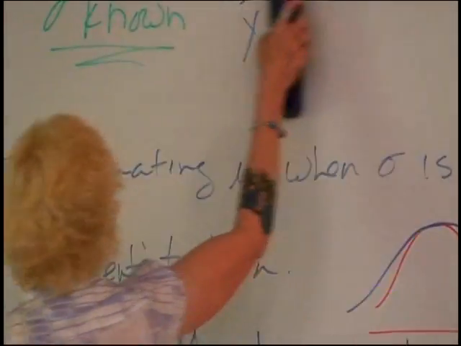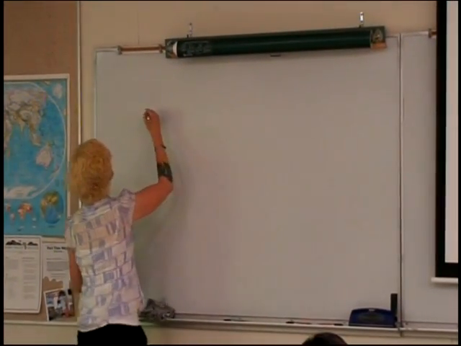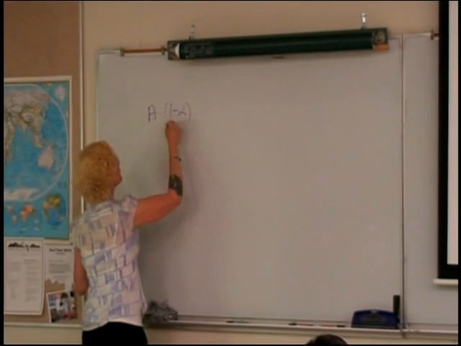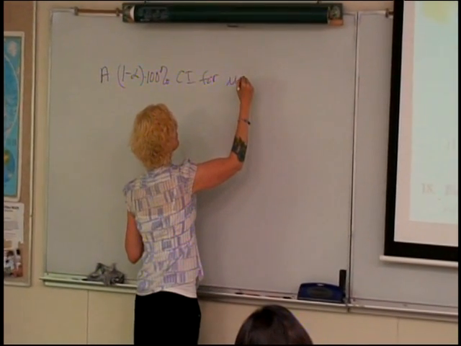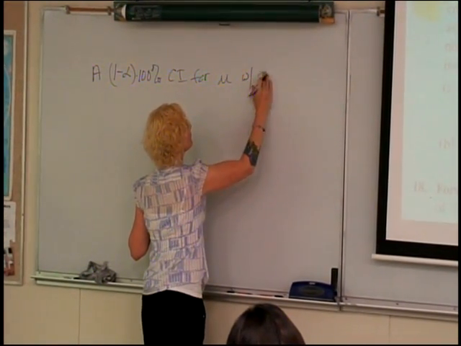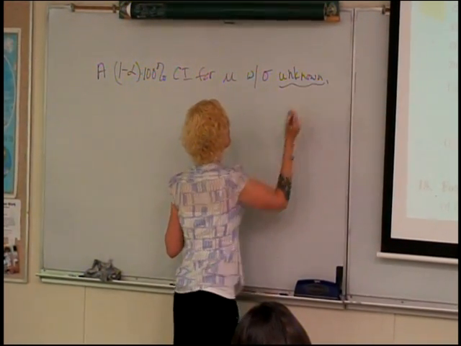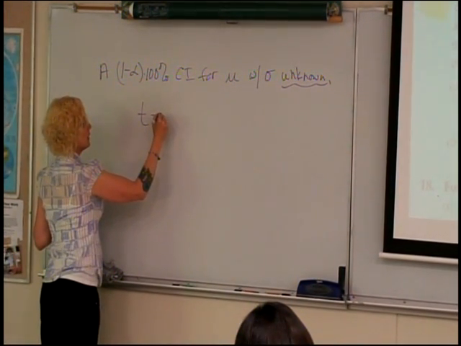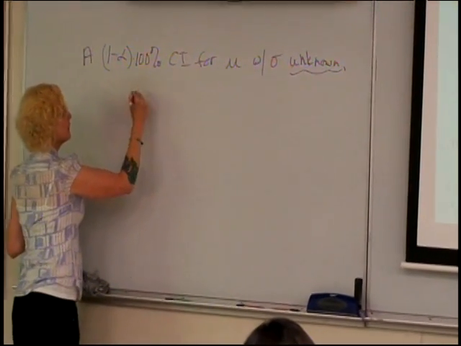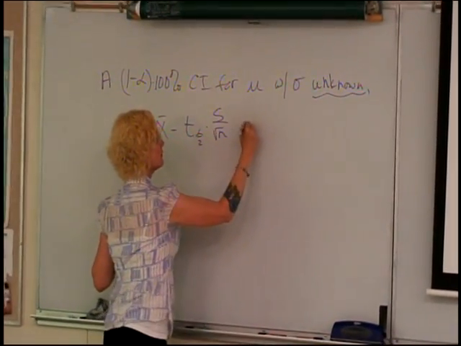Confidence interval when sigma is unknown: it's x bar minus a t-value times s over root n.